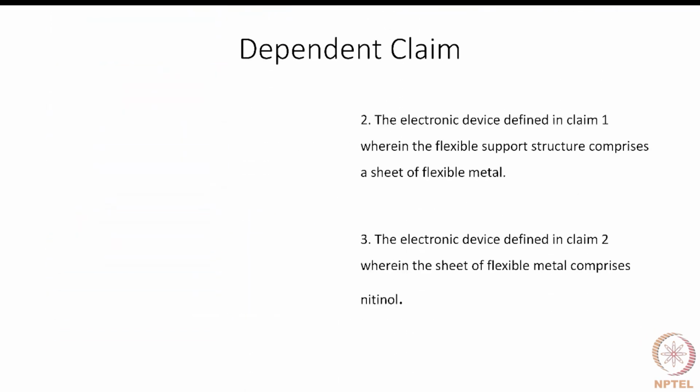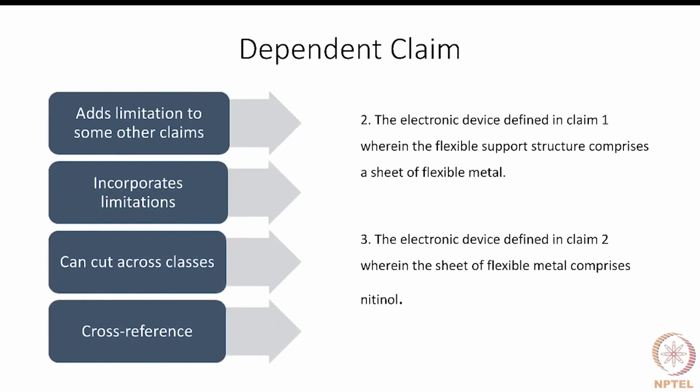The dependent claim, as we have seen, adds limitation to some other claims. So there was an earlier claim, and it adds a limitation by explaining what the flexible support structure is, by detailing what the sheet of flexible metal is. It incorporates limitations. It can cut across classes. For instance, you can have an apparatus claim, and the dependent claim can be a method.